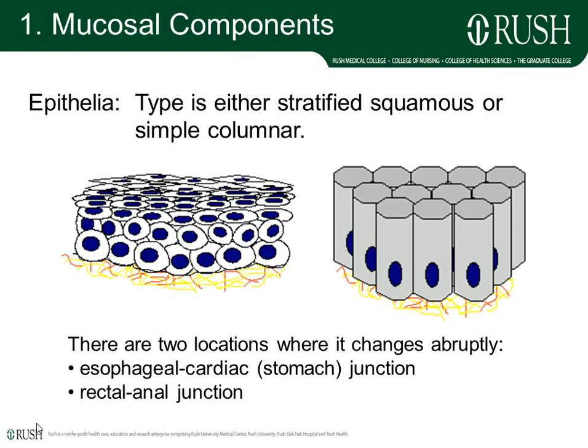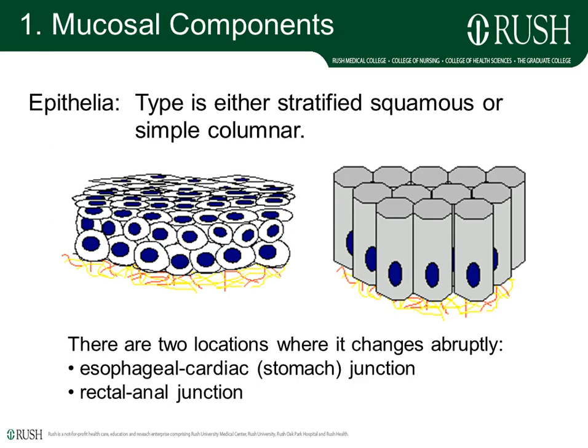So beginning with the mucosal layer, the first portion of that is the epithelial layer, and throughout the entire tube you have only 2 types of epithelial lining, either stratified squamous or simple columnar. There are 2 locations where there are abrupt changes between these 2 types.